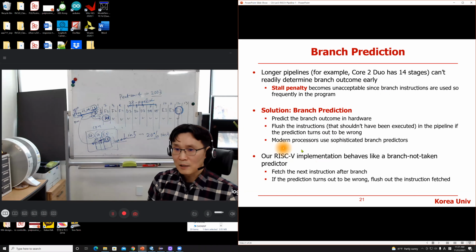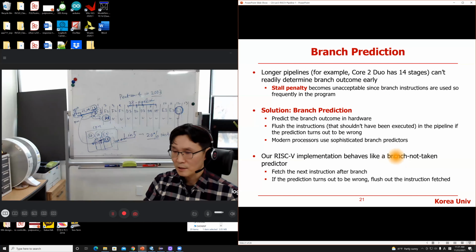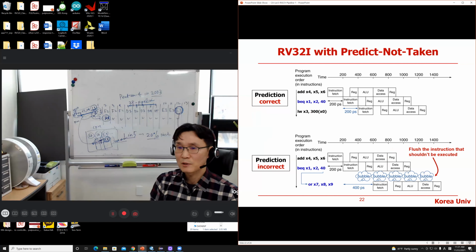But our RISC-V implementation works like a branch-not-taken predictor. Why? If you think about the pipeline execution diagram of our simple 5-stage pipeline CPU, it looks like this: branch instruction, fetch, decoding, execution, mem, write back.